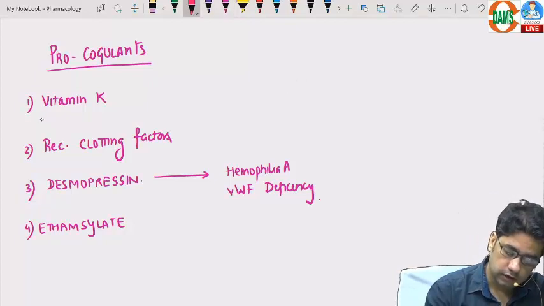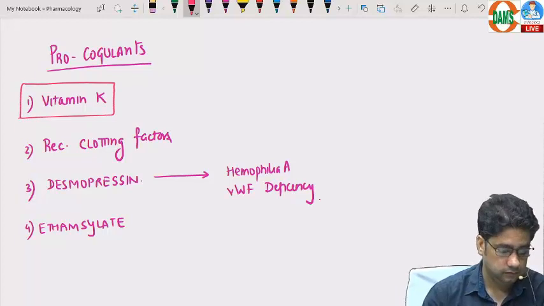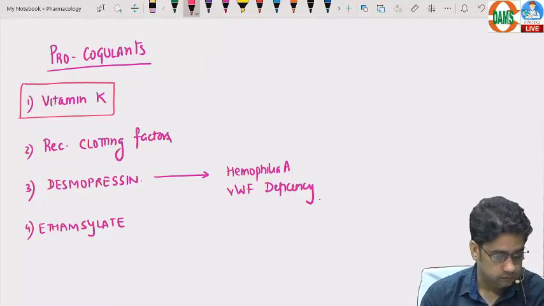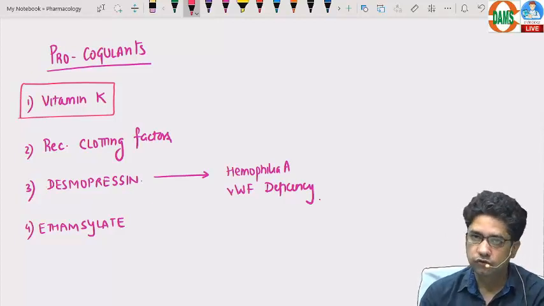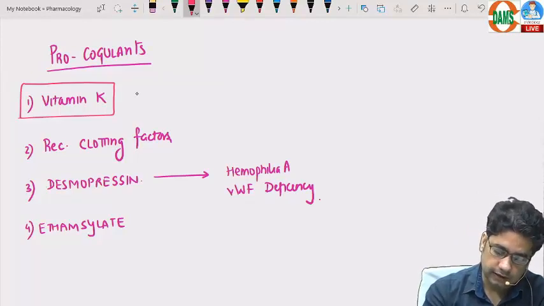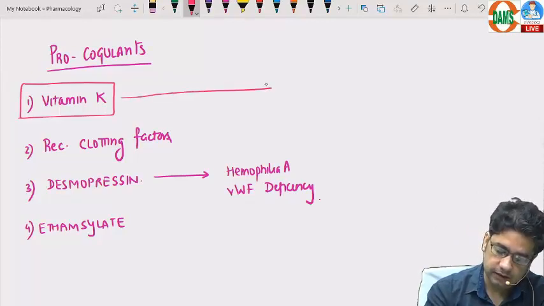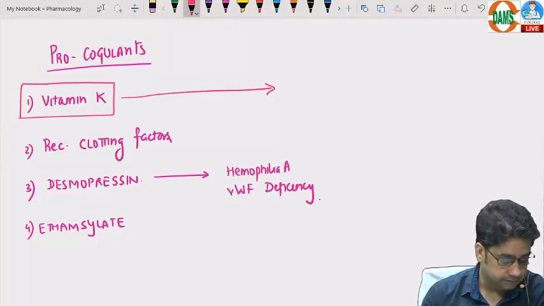Now, the only drug you have to learn in great detail is vitamin K. So, vitamin K we will discuss now. Make a heading, vitamin K. We have to write many points about vitamin K.